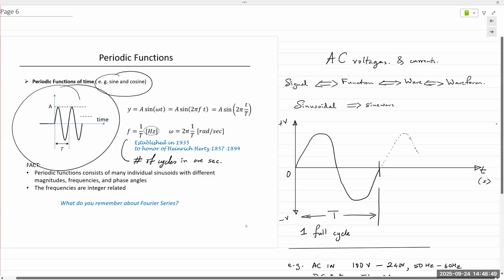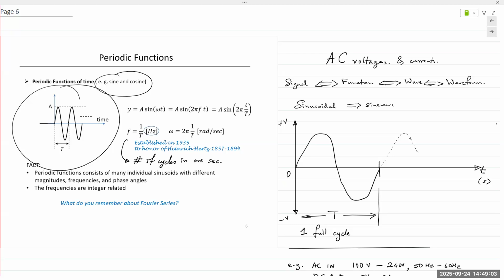How frequent the waveform is. Okay. And the unit for frequency is named after the German Austrian physicist Heinrich Hertz. Nothing to do with the car rental company. And the acronym for Hertz is HZ. HZ, Hertz.